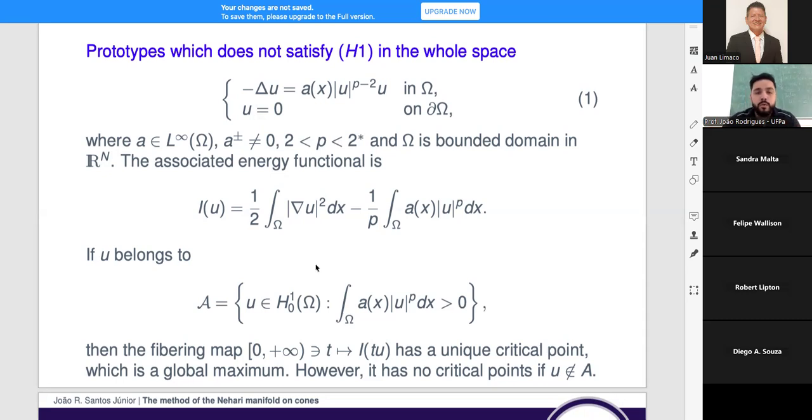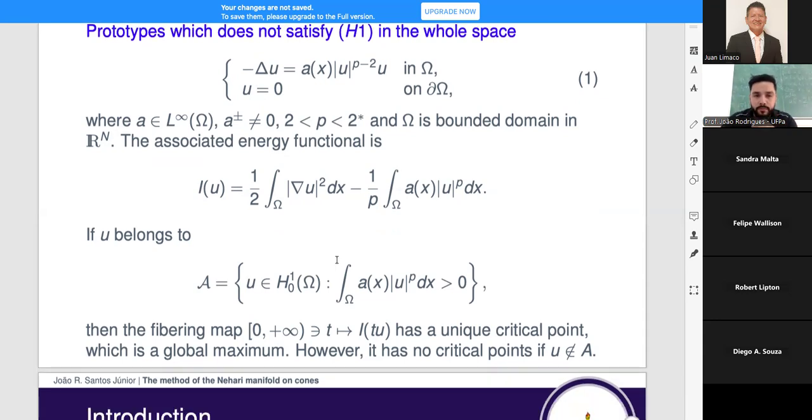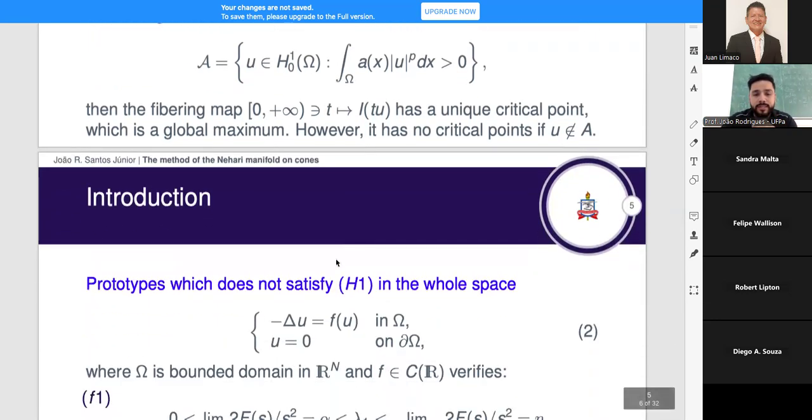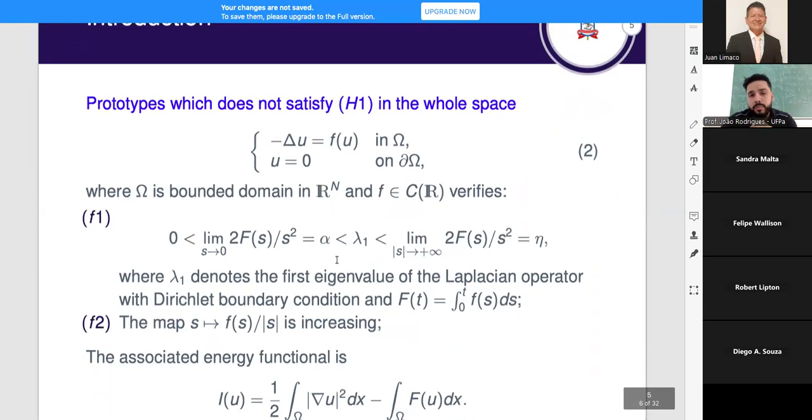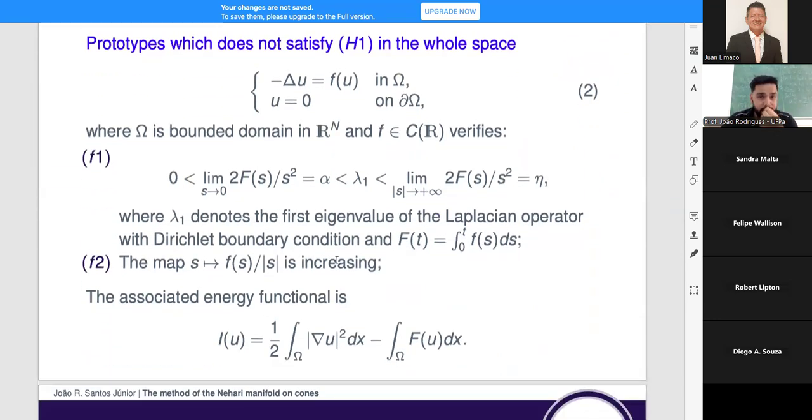So we couldn't apply the method of Nehari as presented in the previous paper of Szulkin and Weth. Another example I could mention here is this one.